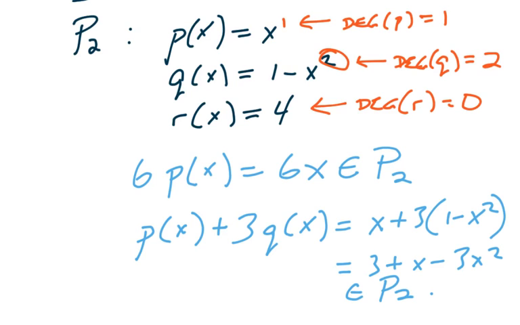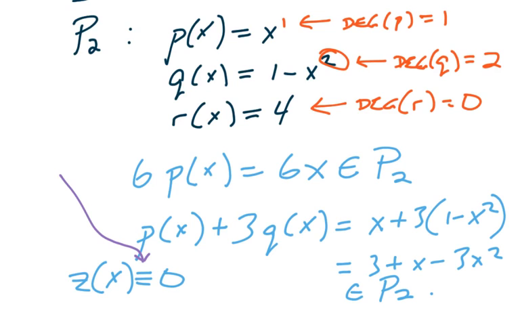Right, and so one other thing we would need to check from this is that the 0 polynomial, which I'll call z of x, which is just everywhere equal to 0. I'm not sure if I've used this notation in class before. If I have, it was from a very long time ago.